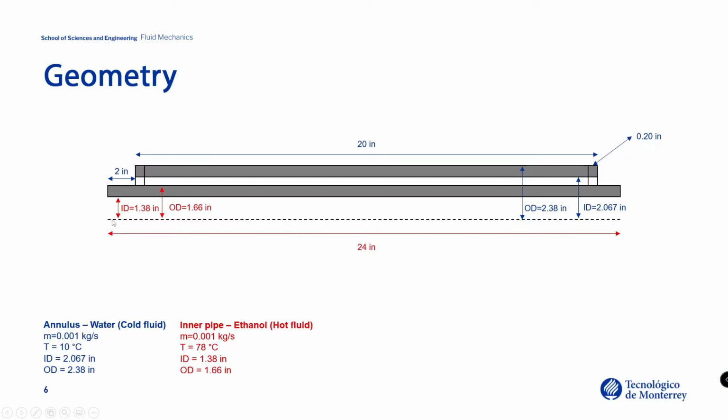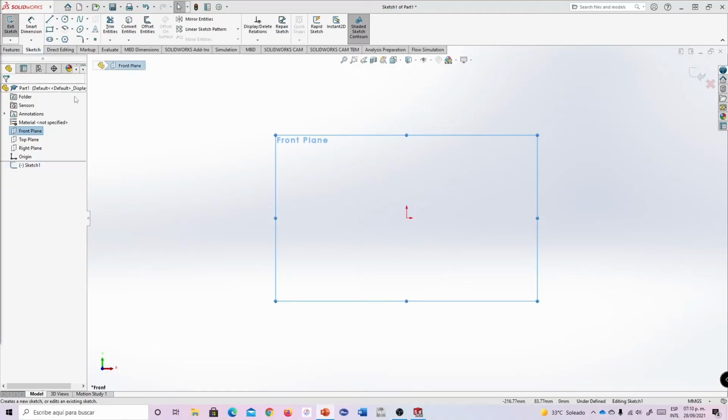We're going to depart from a 2D sketch, and we're going to get a solid of revolution in order to obtain a 3D object. So we're going to create some lines firstly, and we're going to the sketch ribbon.